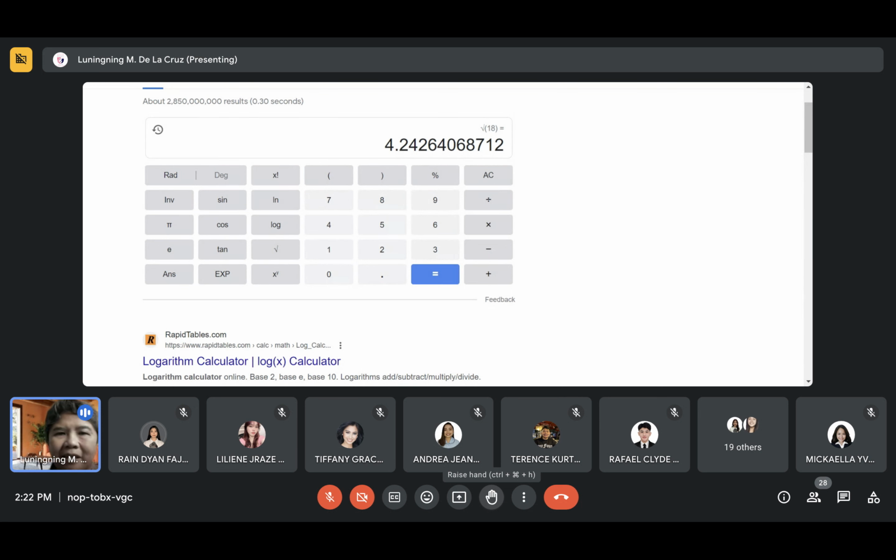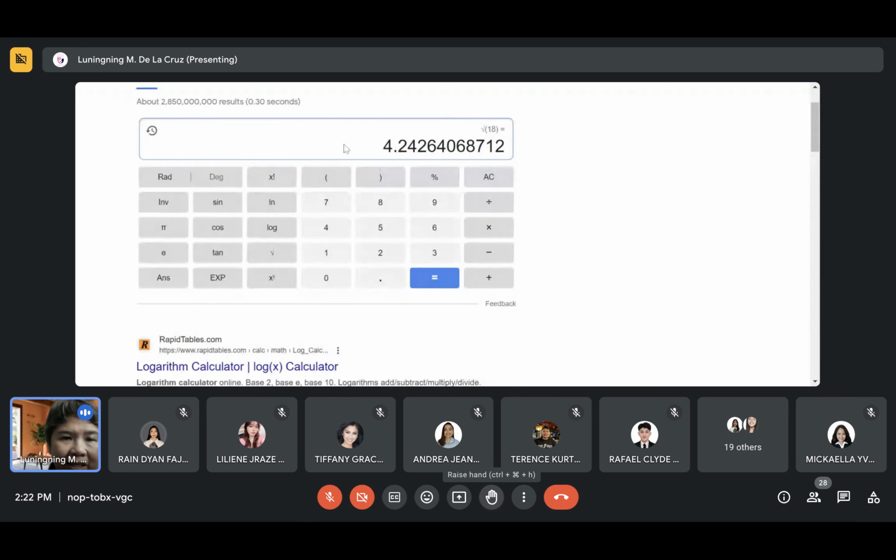Class, did you get the value 3.373? Did you get that, class? Or is your answer different from mine? So, here is 4.24, right? How did I get that? So, I'll get the log of 4.24.